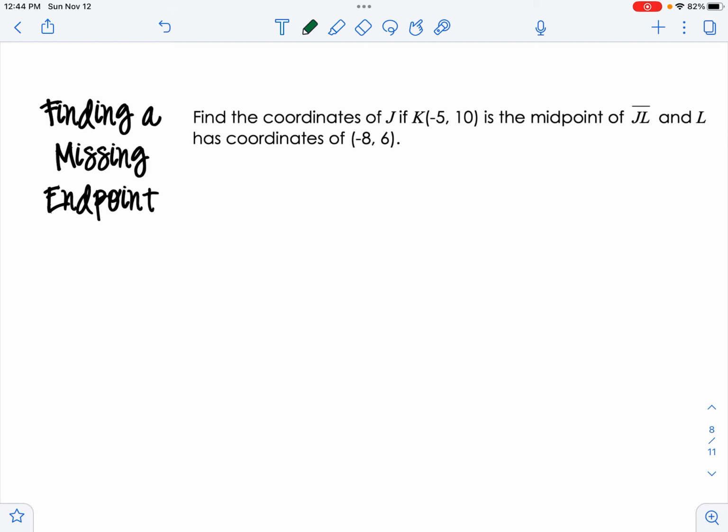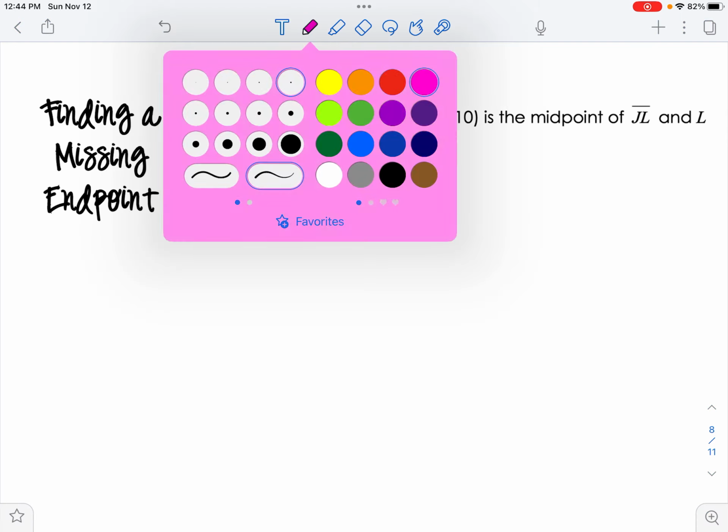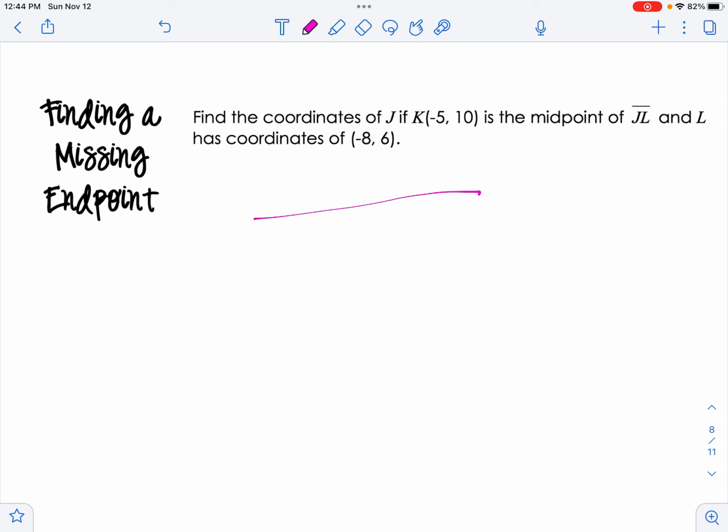So sometimes it's helpful to draw a picture. It doesn't matter where you draw it. It doesn't have to be exact. We're just using it for reference. So I know that this is J and this is L. And somewhere in the middle, right in the middle, is K. Okay.